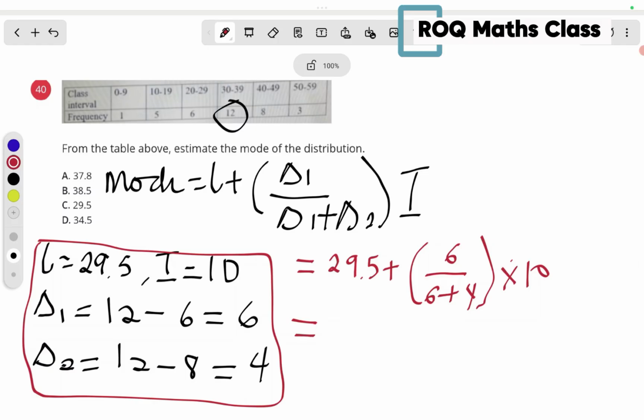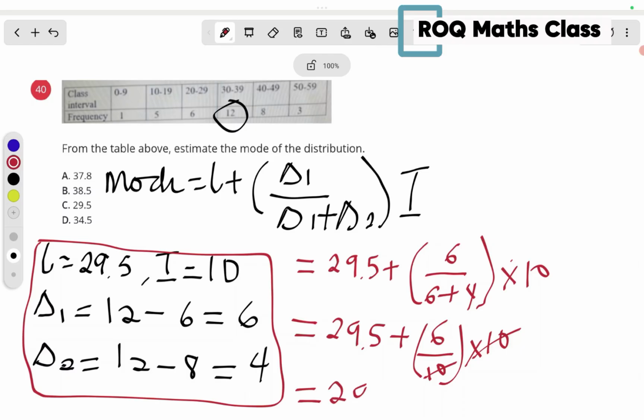This is same thing as 29.5 plus 6 over 10 multiplied by 10. Alright, we cancel this 10. We are left with 29.5 plus 6, and this is same thing as 35.5.